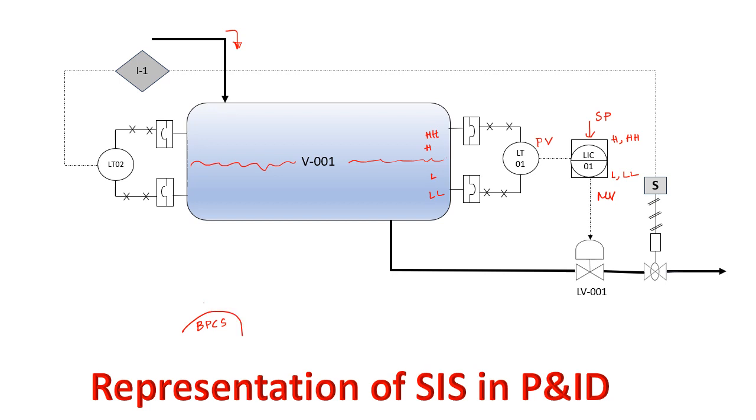After the BPCS, you have an alarm. After the alarm, the operator needs to respond and take action so that the level does not go to overspill or underspill. But that will also take some time.